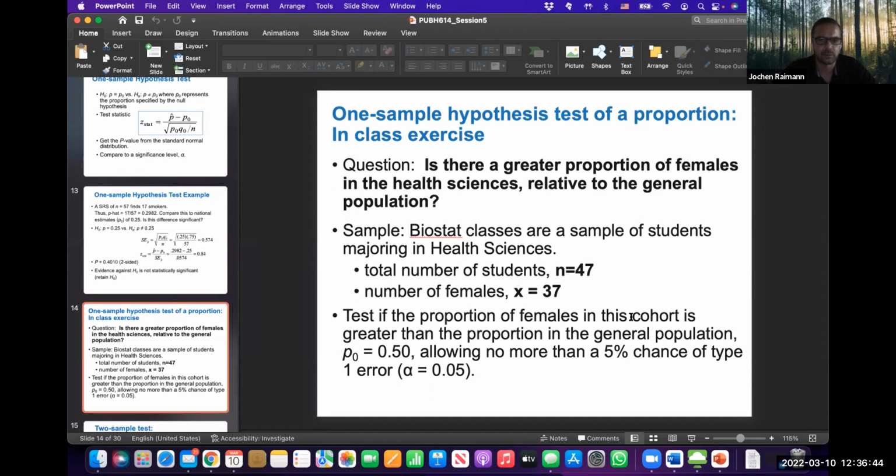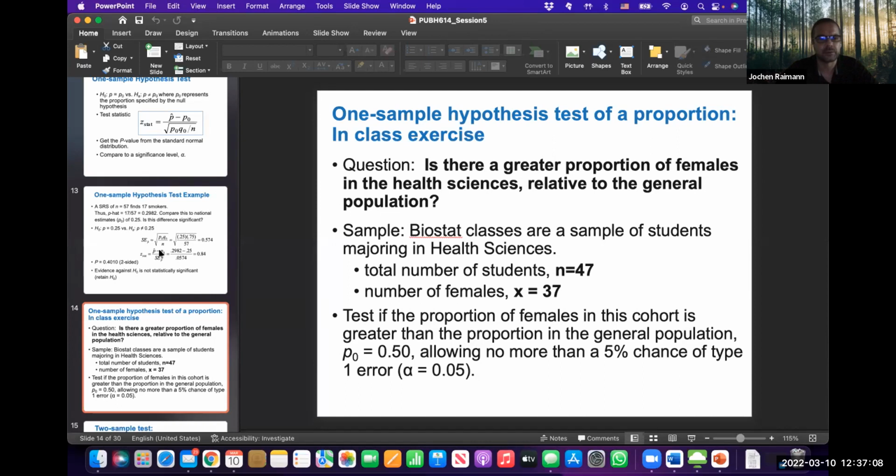That gives you a certain proportion. And now you would use this to do hypothesis testing, when you assume the proportion in the general population to be 50%, so 0.5, which is strictly not true. I think it's a little off from 50%, but I'm not sure anymore in which direction.